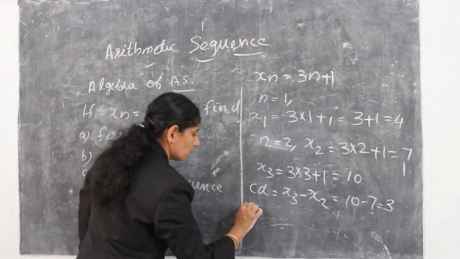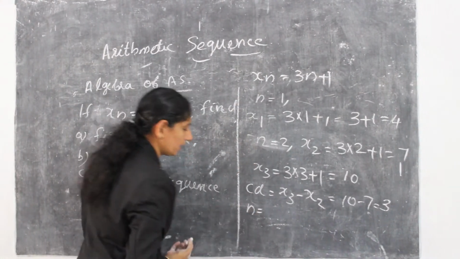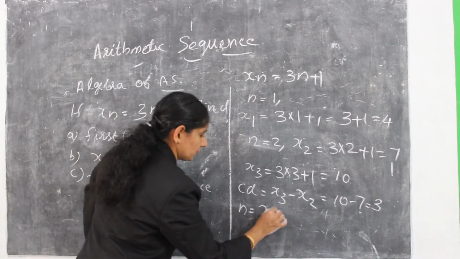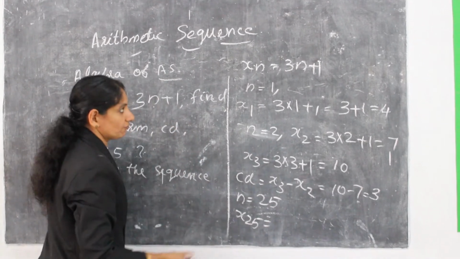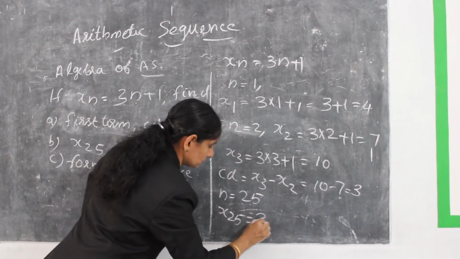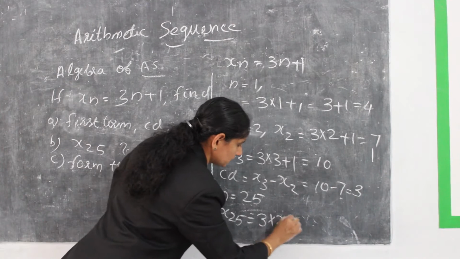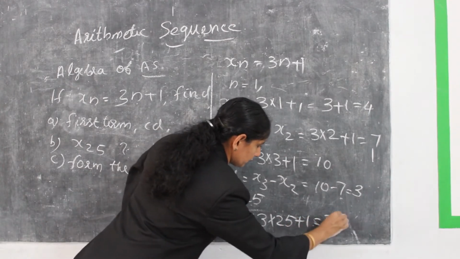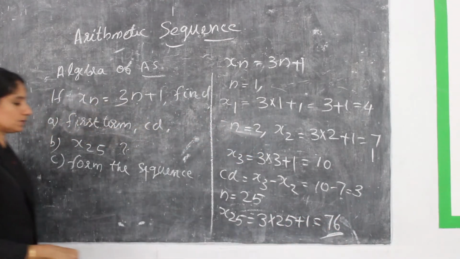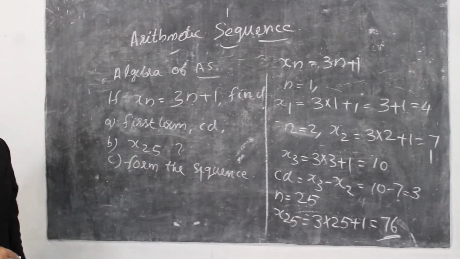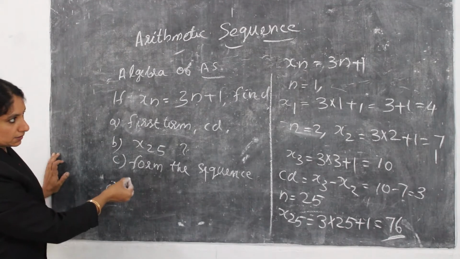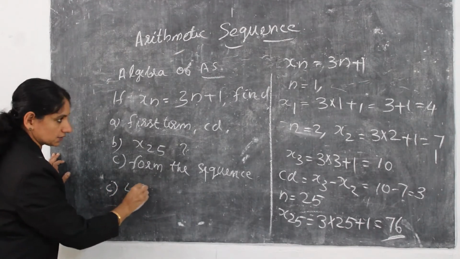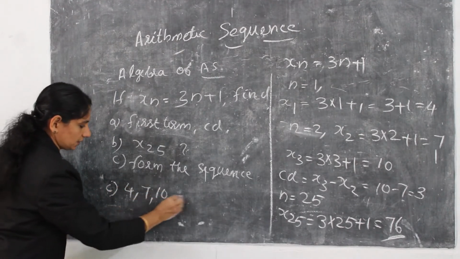The 25th term is found by putting n equal to 25: x25 is 3 into 25 plus 1, which is 76. Then form the sequence. The first term is 4, next is 7, next is 10, etc.